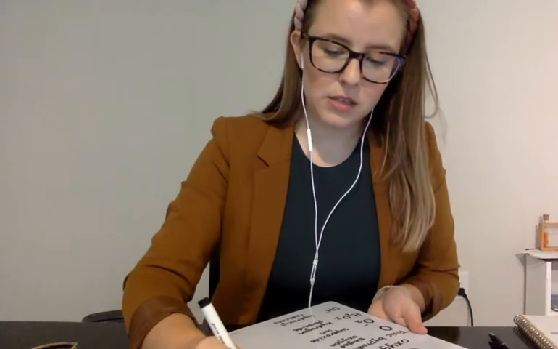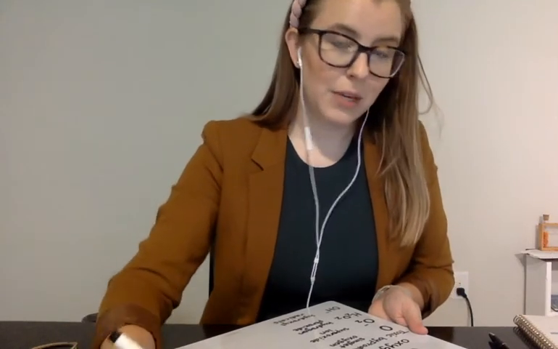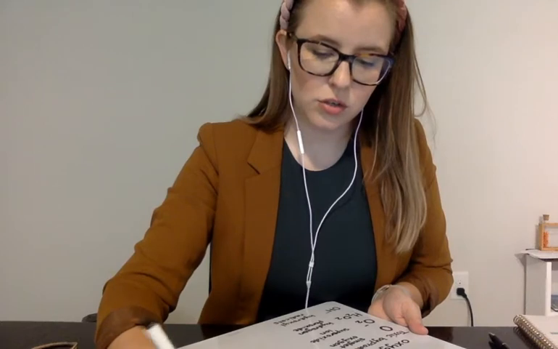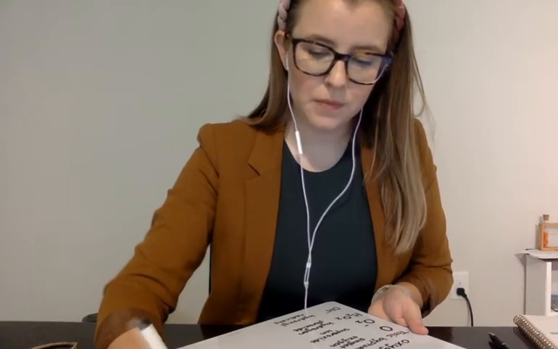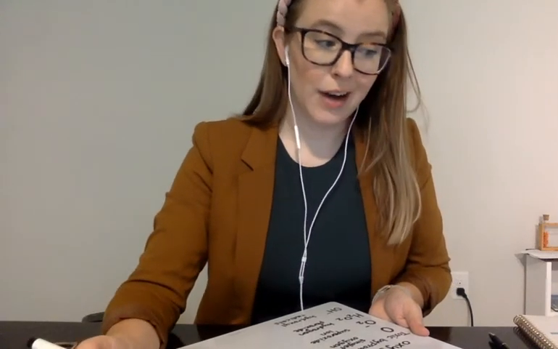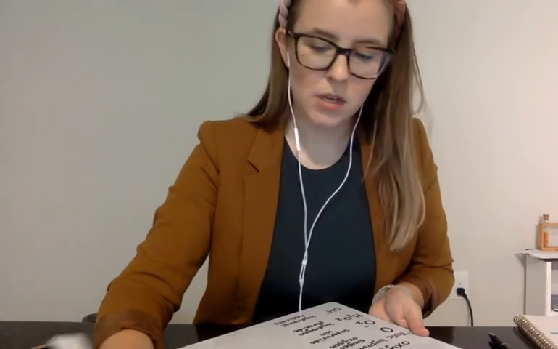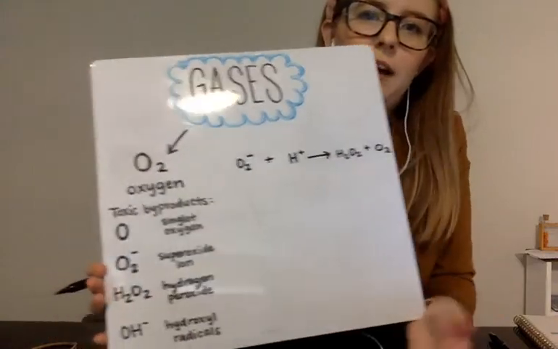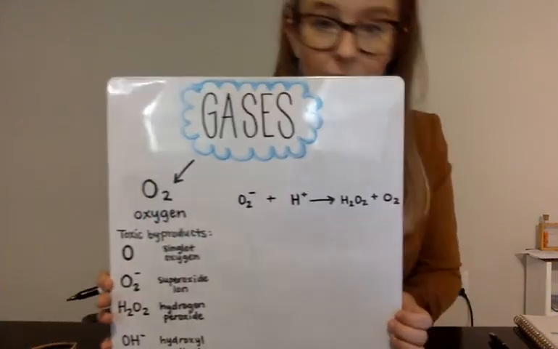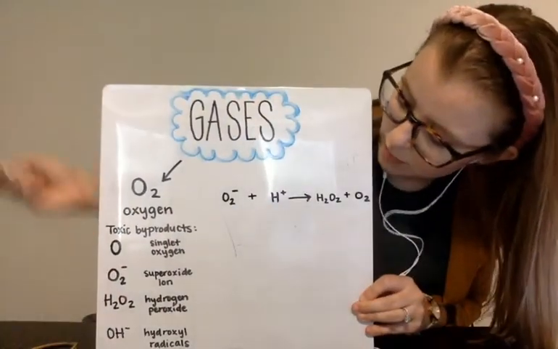Now these can be converted into H2O2, your hydrogen peroxide, and oxygen. This is just regular oxygen, the doublet form that is harmless in the cell. This is the conversion that can take place if our cells are able to use oxygen.